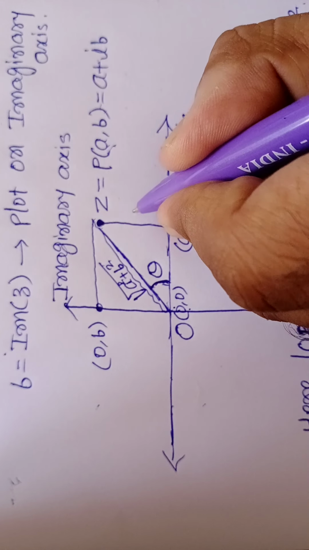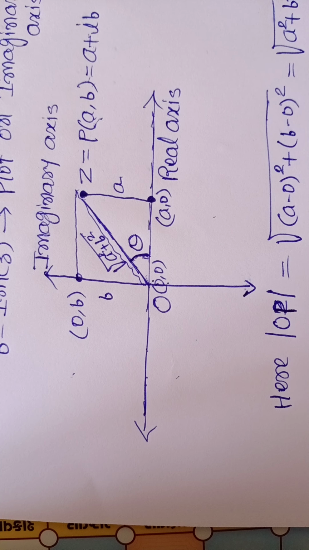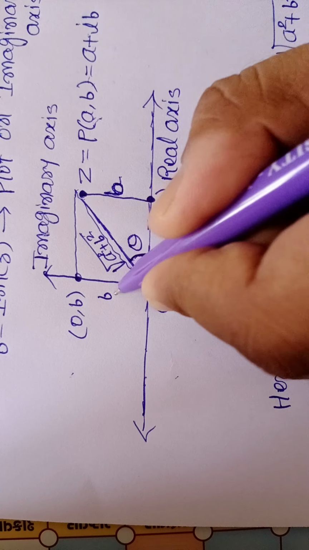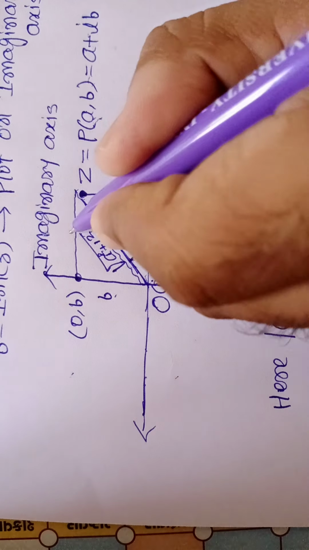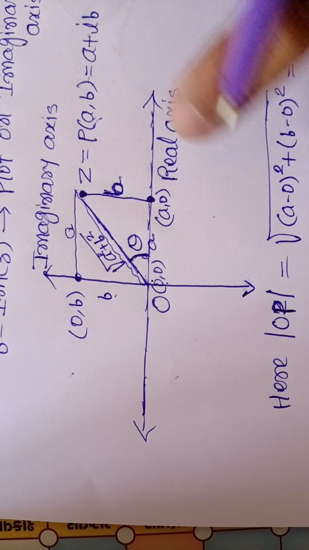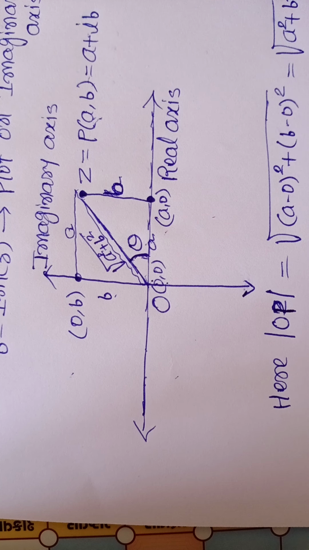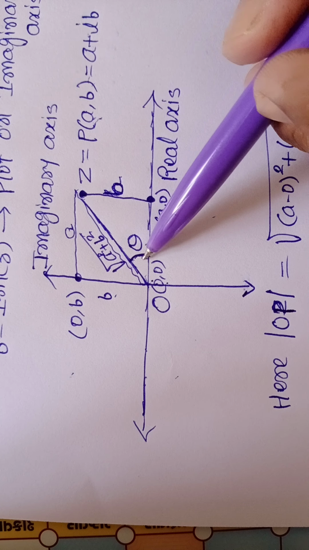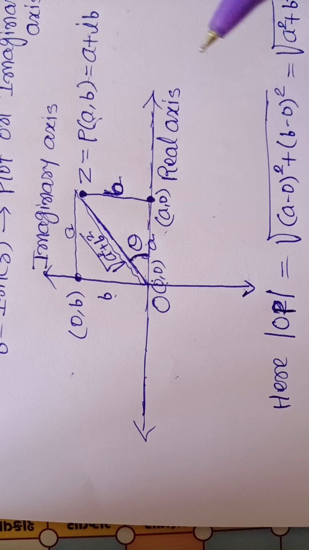This distance is a and this distance is b. So sorry, this distance is b, and this distance is a, right? I hope you know that. So from this figure, cos theta is a upon under root a square plus b square. You know sin theta and cos theta: opposite side upon hypotenuse, adjacent side upon hypotenuse.